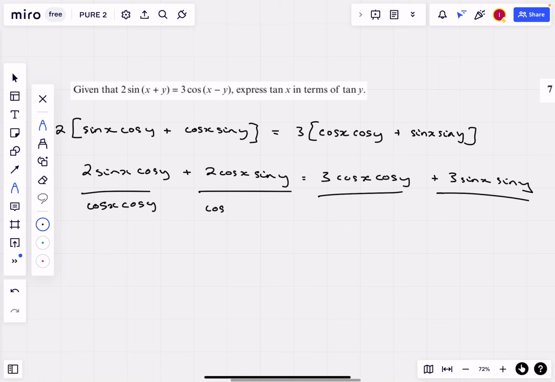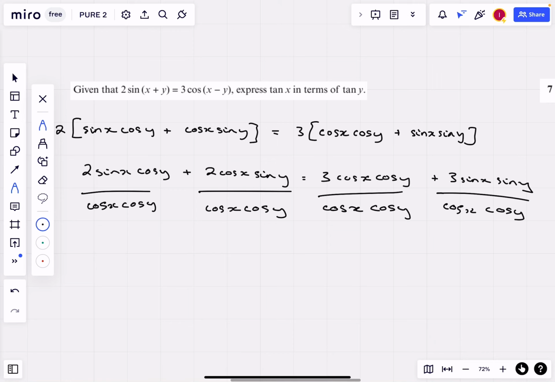Okay? By doing that, you are going to cancel out any of the cos y's, you're going to cancel out any of the cos x's, and you're going to produce tans because your numerators all have sines.